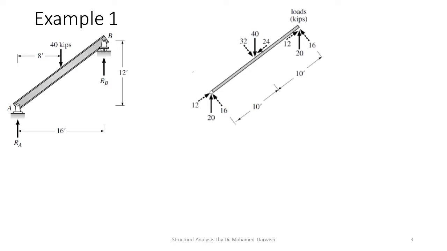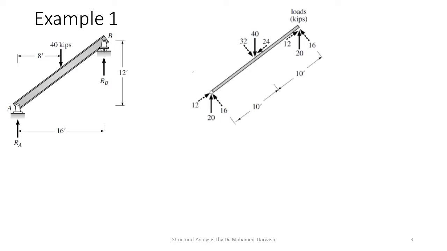Because the 40 is neither parallel nor perpendicular, you need to resolve it using the cosine and sine of the angle. The tan of the angle is 3/4, the horizontal over vertical. So this is the very famous 3-4-5 triangle that we have dealt with several times.